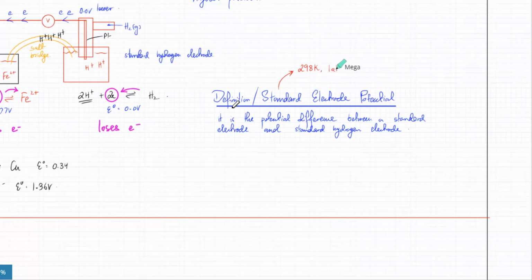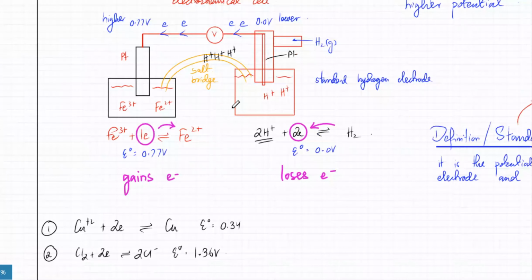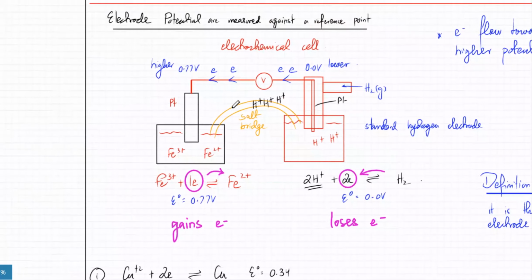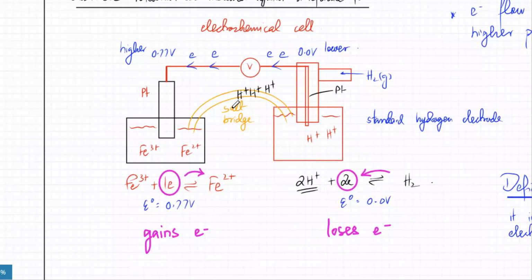Everything is going to be at 1 atm pressure. So you're doing all of this at room temperature. And if it's a solution, it's going to be 1 mole per decimeter cube. So when you draw these electrodes, it's a lot better to actually tell them exactly what the conditions are, just to be on the safe side.